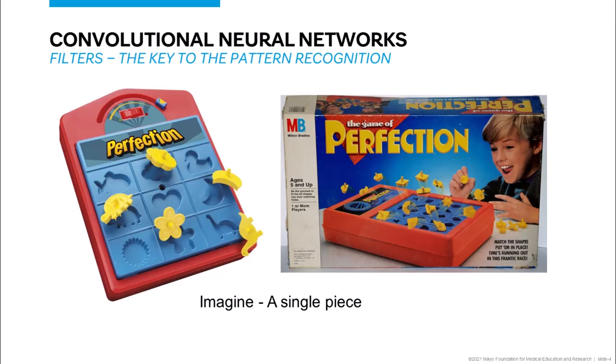You reach into the bag and grab a single piece out. Your job is to classify: is this the semi-adult version or the baby version of Perfection? With a single piece, by determining if it matches in that array, you can correctly classify which of the 2 games it is. That's the idea behind some of these computer vision methods.